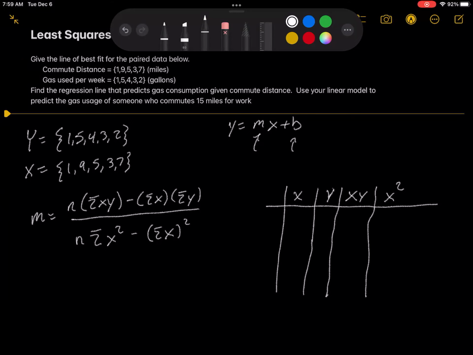For our x's, remember x data is the gas used per week. Oh, I'm sorry, x data is the commute distance. So that would be 1, 9, 5, 3, 7, which gives us a sum of 25. The y data, which is the gas used per week, is 1, 5, 4, 3, and 2, which gives us a sum of 15.